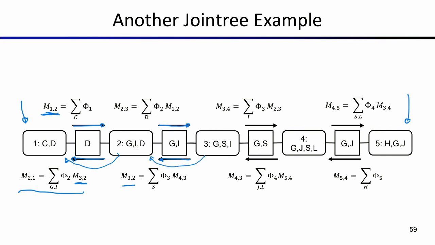And I do not use this message from 1 to 2 here, right? A very common mistake is to send a message from 1 to 2, and once you have received the message from 1, send a message to 3, and also send a message back to 1. And that is not good, because the message that goes to 1 does not use the message that we got from 1. So that's a very important detail about the implementation of this algorithm.